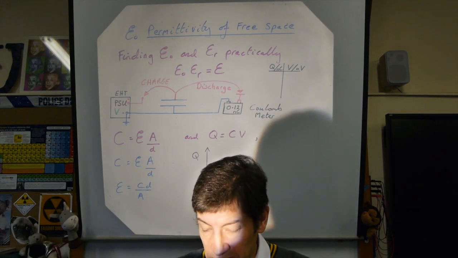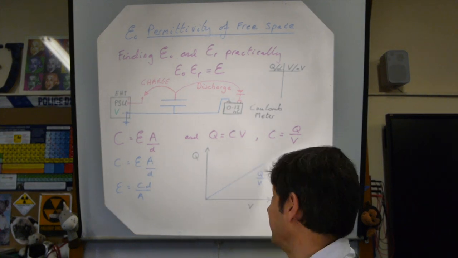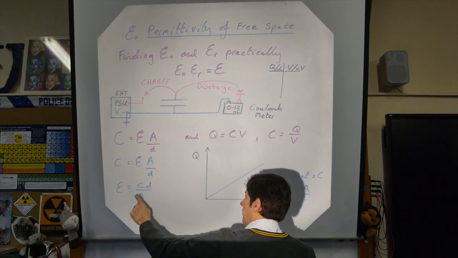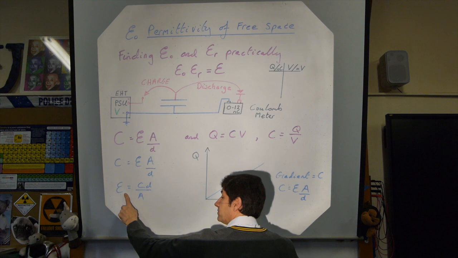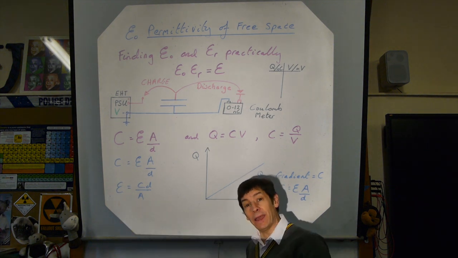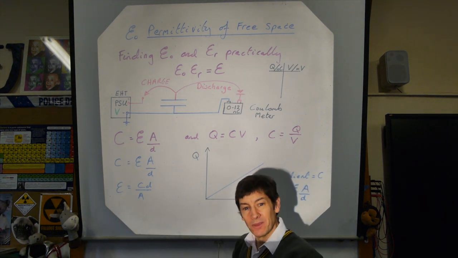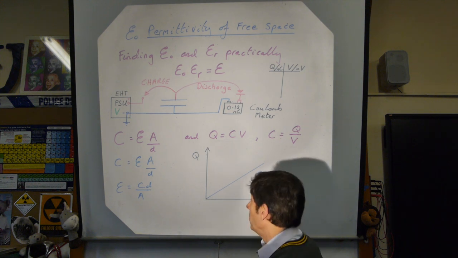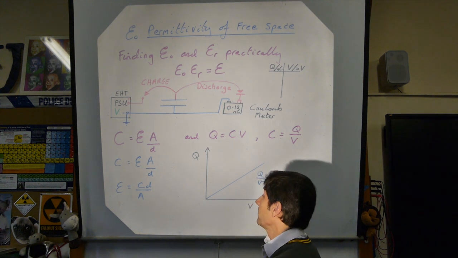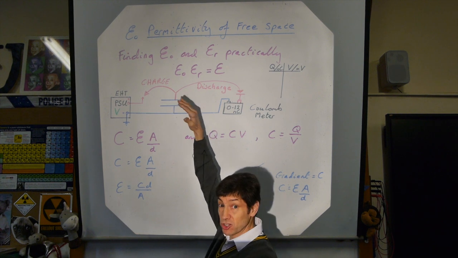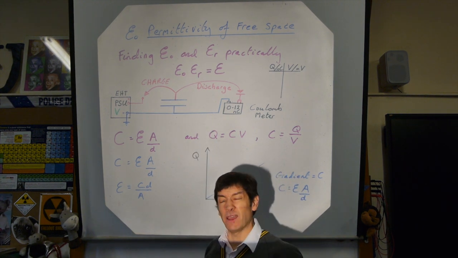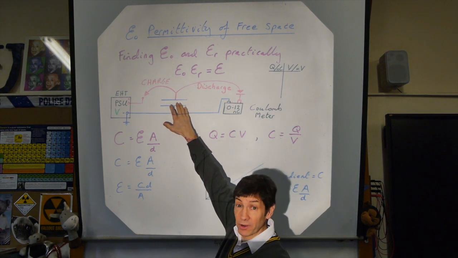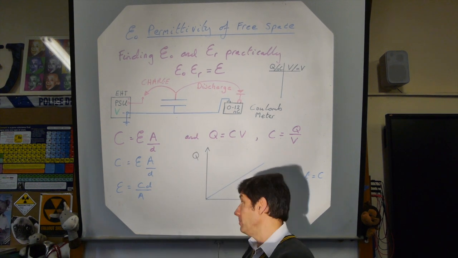Now, the thing I wanted to point out is, because this is a vacuum, it's air, that will be epsilon naught. So think about how you'd find epsilon r. What you do to find epsilon r, of course, is you put a dielectric in here. So you put your sheet of thick plastic or thick rubber in the gap, or maybe a stack of paper.